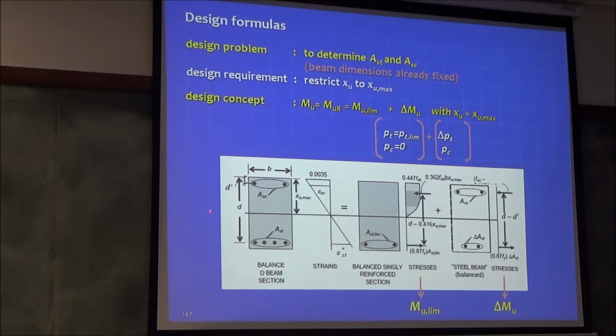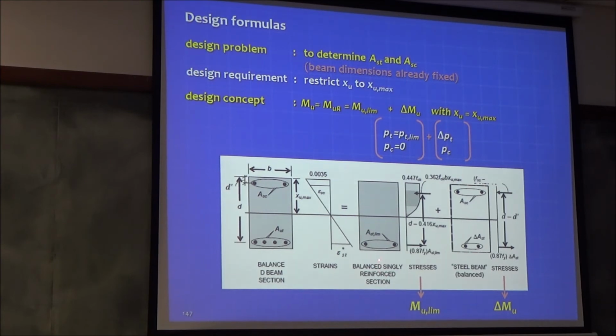We keep the neutral axis at XU max. We always doubly reinforce a section this way when we do design. It's easiest to do it for a balanced section. So it's very simple. Find out the singly reinforced balanced section capacity, and then add to it a little extra PT and PC. Is it clear?